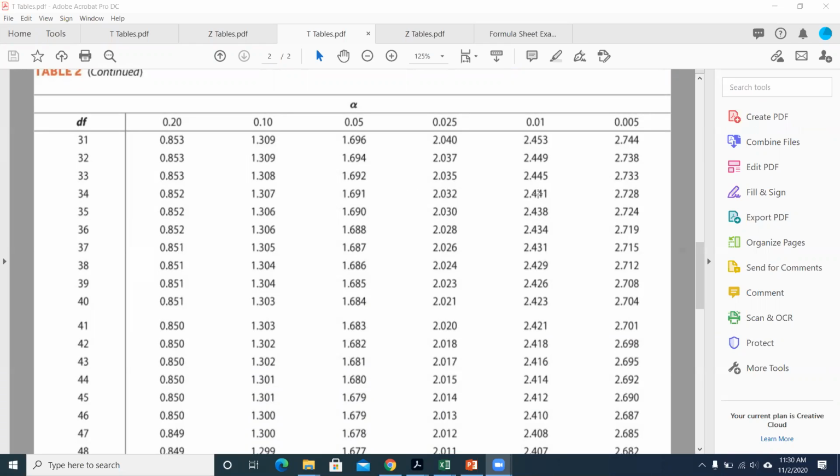If the area to the left of -2.44 is 0.01, and the area to the left of -2.72 is 0.005, I know the area to the left of -2.57 is somewhere in between there. So I look up what t values my test statistic is in between, making sure I'm on the right line. So it's in between these two. So I know the p-value is somewhere in between 0.005 and 0.01.